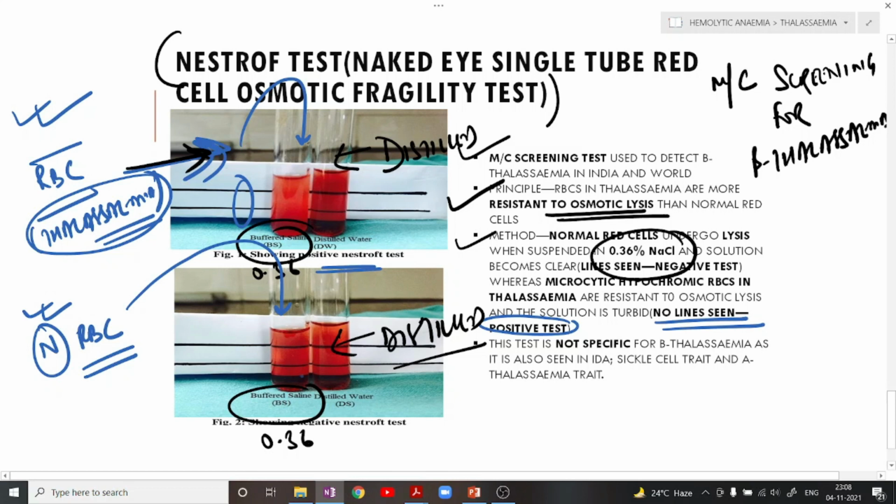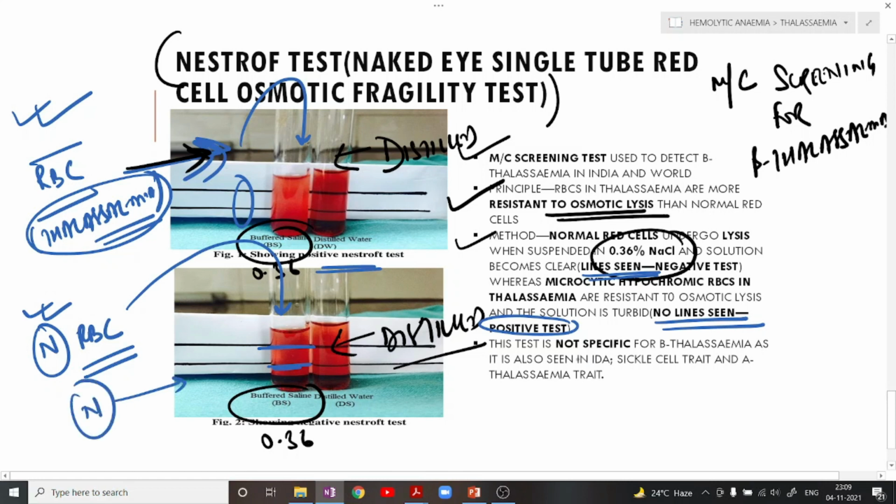And as a result of osmotic lysis, lines are seen behind. So when the lines are seen behind, that means osmotic lysis has taken place, and therefore it is a normal test.